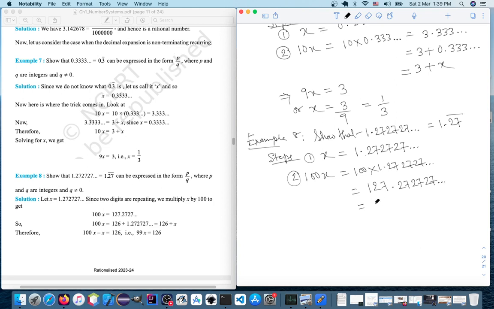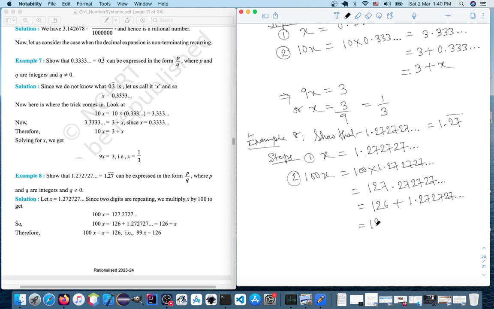The original given number was 1.272727, and we got 100x as 127 point this. We can write this as 126 plus 1.272727 like this.